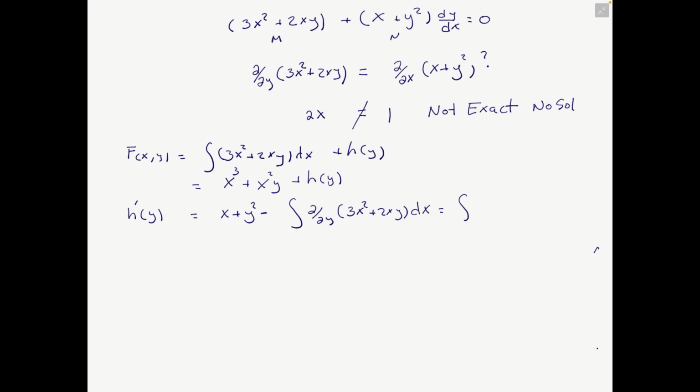H prime of y would be given by N, so x plus y squared minus d/dy of the integral of 3x squared plus 2xy dx, and 2x dx is equal to x squared.